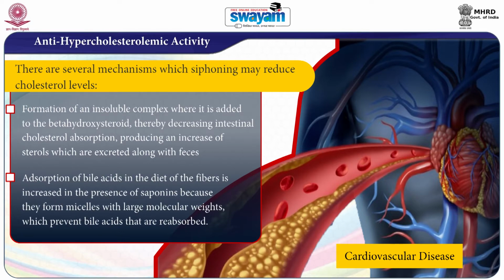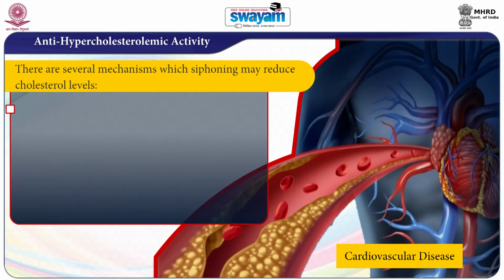Absorption of bile acids in the diet of the fiber is increased in the presence of saponins because they form micelles with large molecular weight which prevent bile acids from being reabsorbed. Thereby, an increase occurs in the liver through conversion of cholesterol into bile acid.